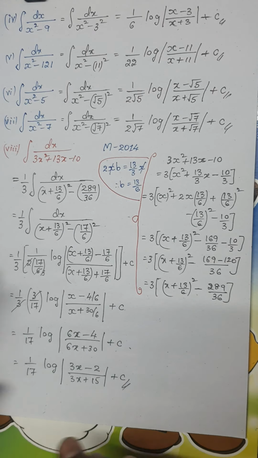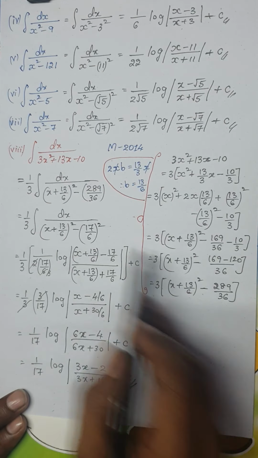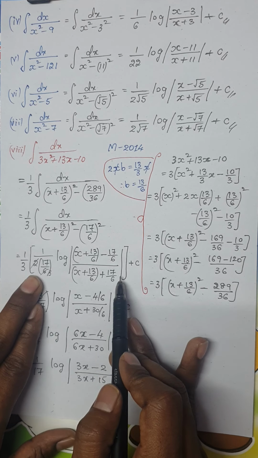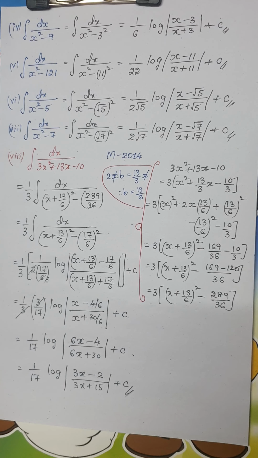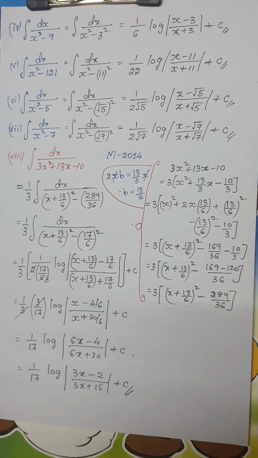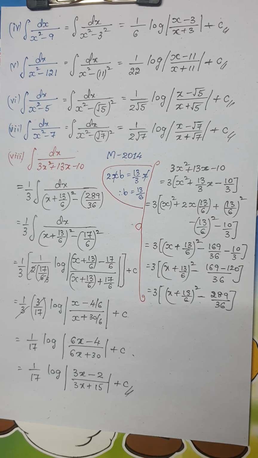Remember students, because this is a lengthy process, if you write this completing the square step, it is enough for you to get 2 marks along with the proof. But I don't think this question will be asked again in the examination. But in case they ask you, you have no other option but to do the question. Only thing is, if you work this clearly, we can do the sum neatly.